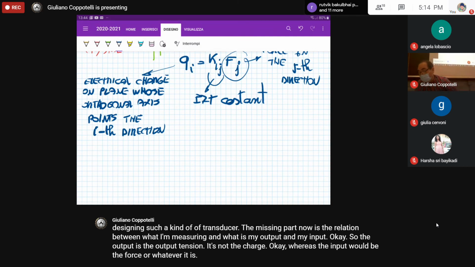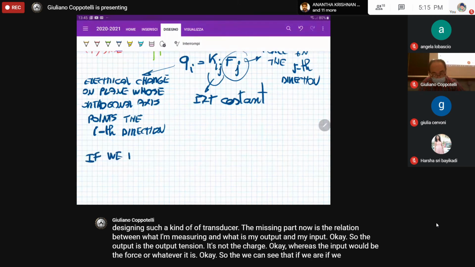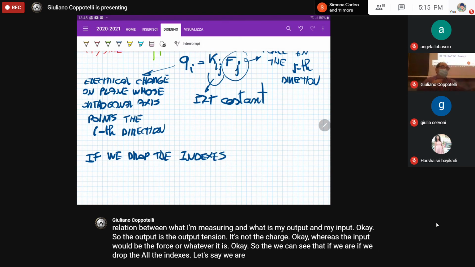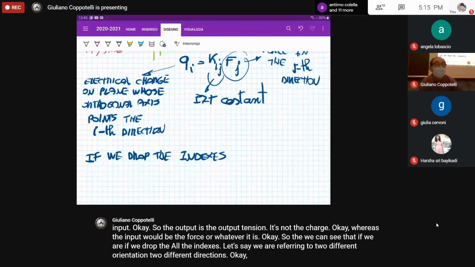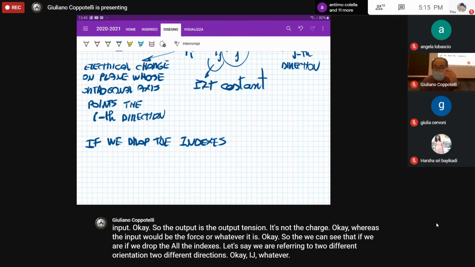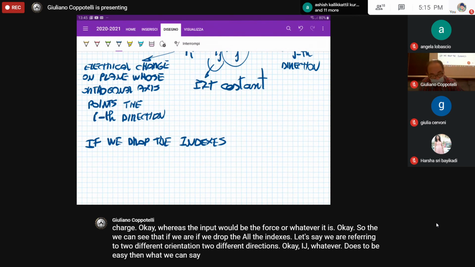So we can say that if we drop all the indexes, let's say we are referring to two different orientations, i, j, whatever, just to be easy, then what we can say is that Q is equal to K_P F, just the same as before.